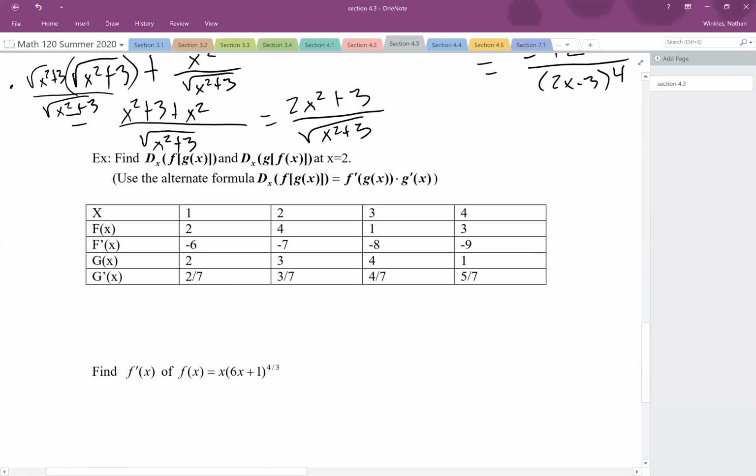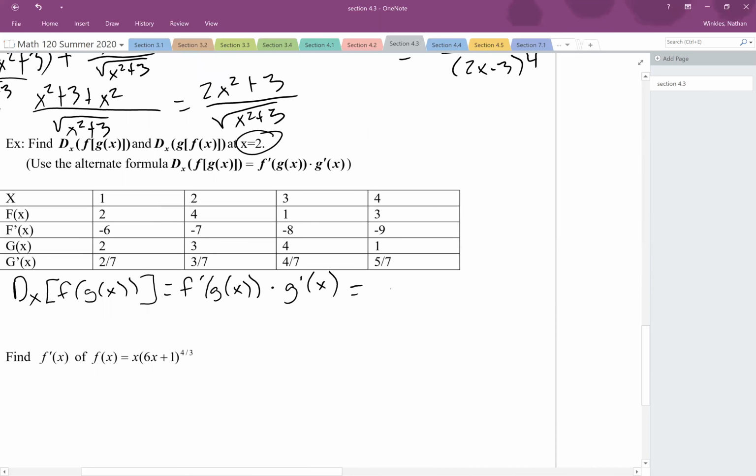So if we do the first one, d sub x of f composed of g of x, this is f prime of g of x times g prime of x. Well, we're told to use this at x equals 2. So this is f prime of g of 2 times g prime of 2.